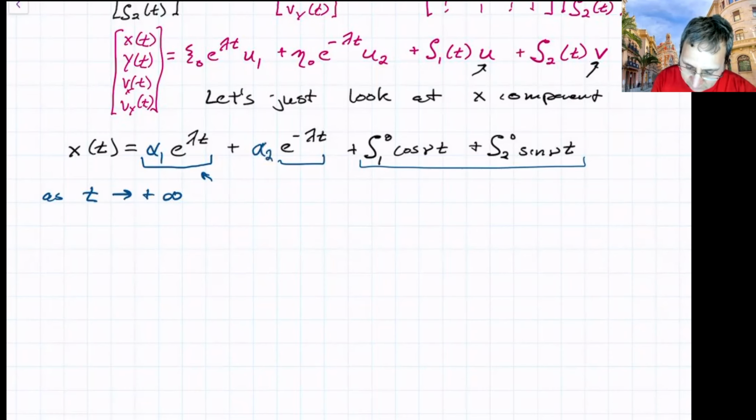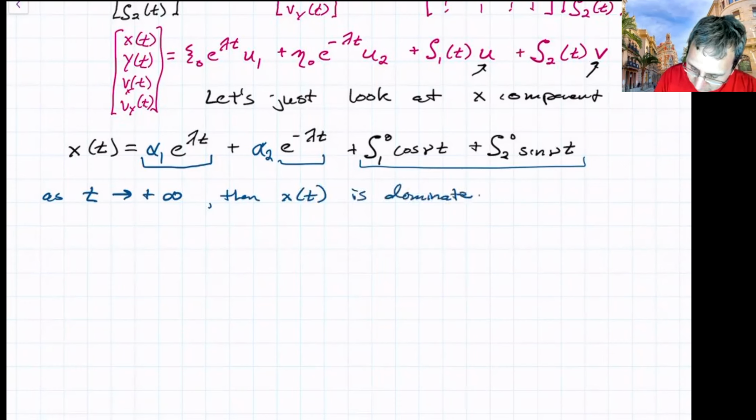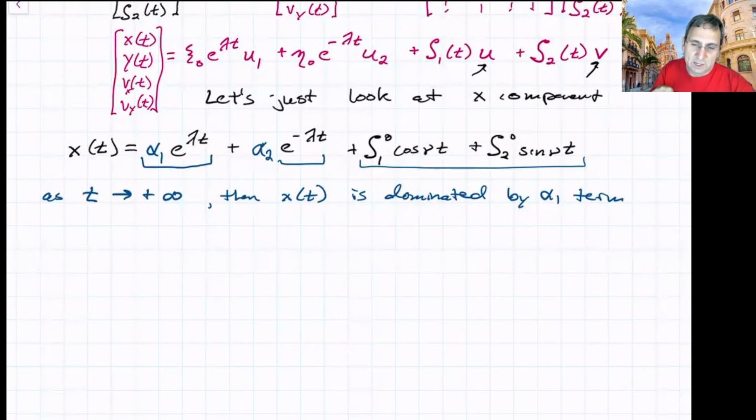And then alpha 1 and alpha 2, they're constants that come from initial conditions, but they end up being very consequential in terms of the behavior of trajectories. So as t goes to plus infinity, then x as a function of t is dominated by the alpha 1 term. In fact, you could start categorizing things. X tends to minus infinity if alpha 1 is less than 0.